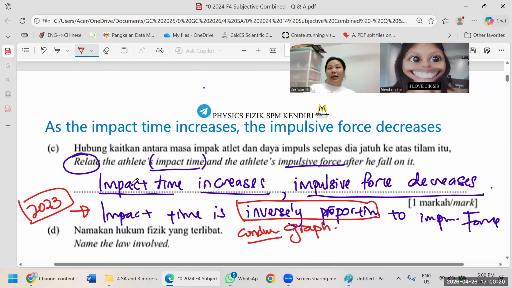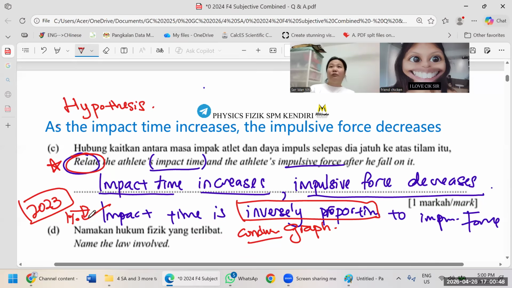So for paper 2, for relationship, we teachers encourage this kind of sentence, which we call a hypothesis. This one is still correct, but for that question, 1%.